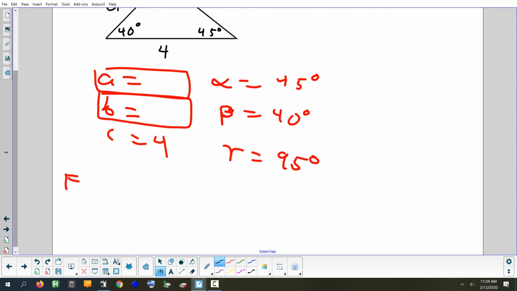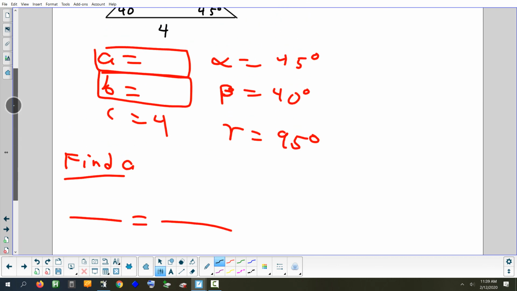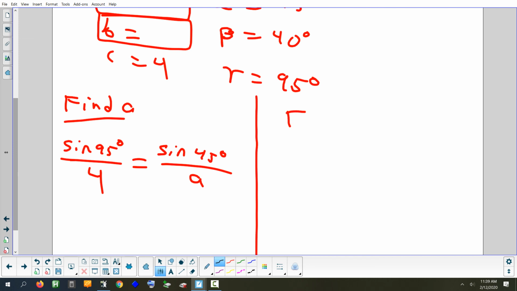All right, so let's start with A. Anyone think they can give me the proportion to find A? Sine of 95, yeah, Vinny? Over 4, divided by the sine of 40. Equals sine 45 over A. Yep, let's set B up at the same time. Find B. What's going to go on the left?